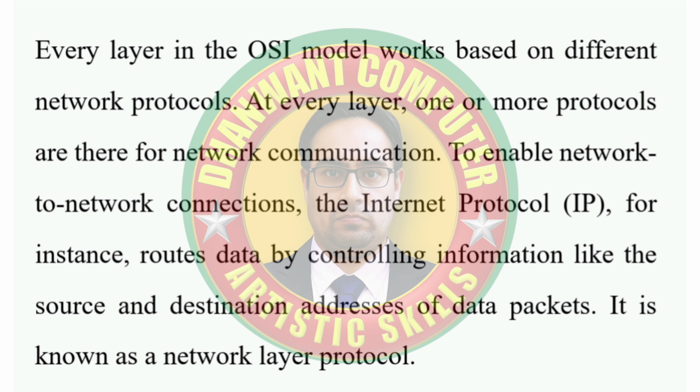Every layer in the OSI model works based on different network protocols. At every layer, one or more protocols are there for network communication. To enable network-to-network connections, the Internet Protocol, IP, for instance, routes data by controlling information like the source and destination addresses of data packets. It is known as a network layer protocol.